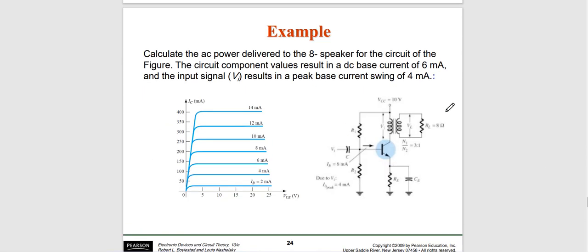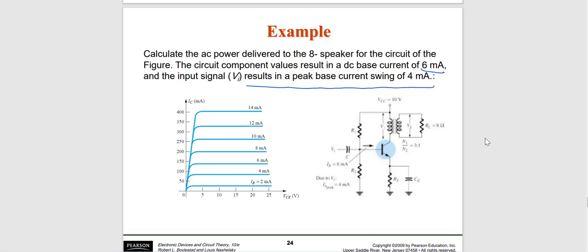Okay, then this is the example. They calculate the AC power delivered to the 8 ohm speaker from the circuit of the figure. The circuit component values result in a DC base current of 6 milliampere, and the input signal VI results in a peak base current swing of 4 milliampere.